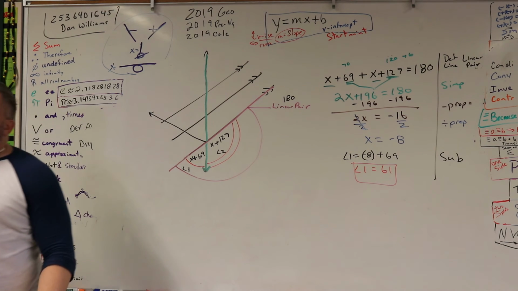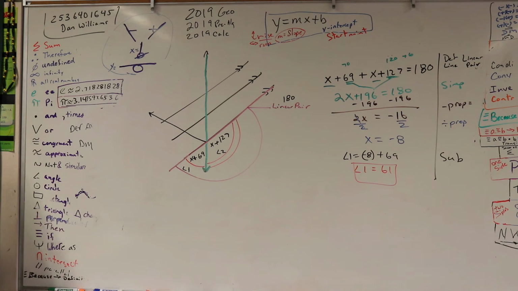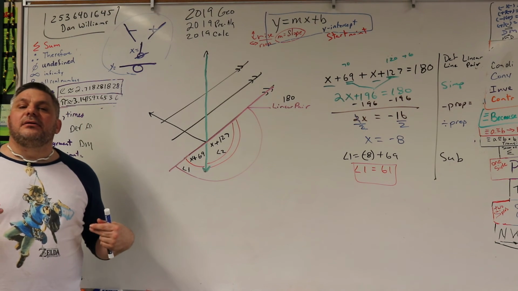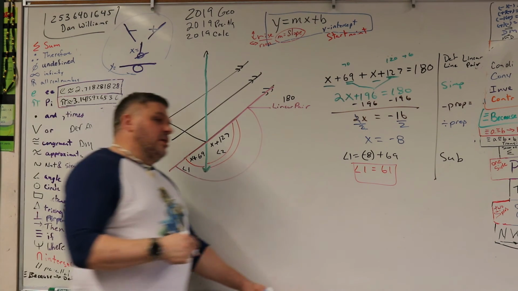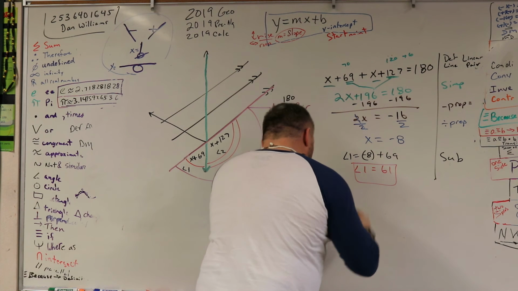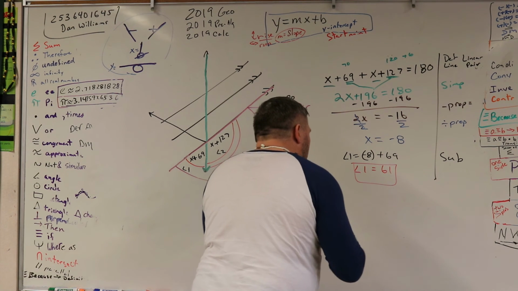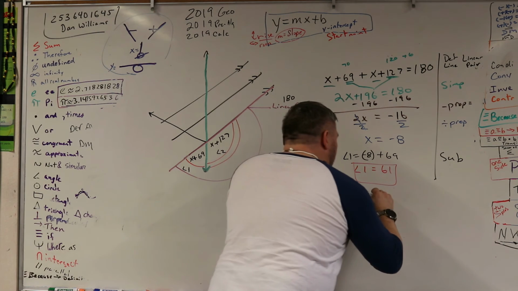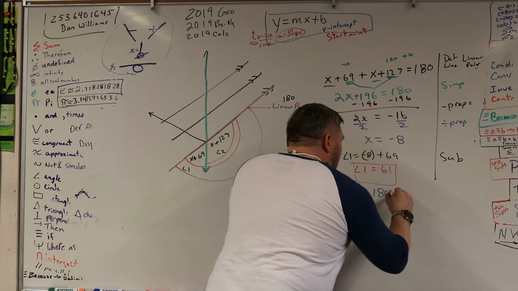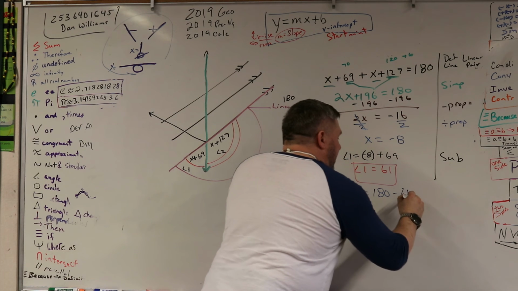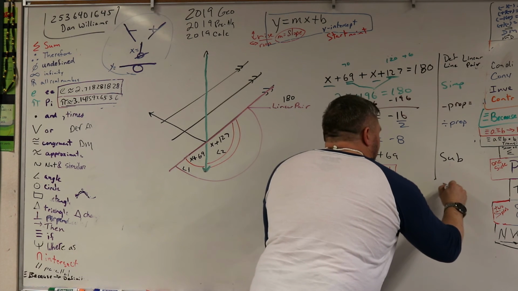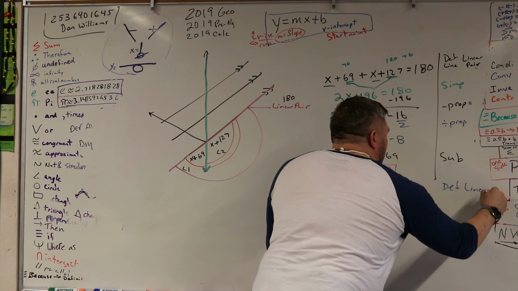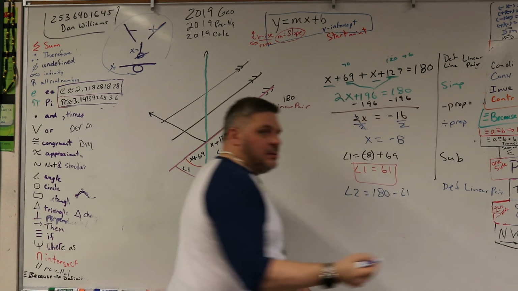Now there's 2 ways to find angle 2. You could plug it in, that's substitution, right? Or you could say angle 2 is equal to 180 minus angle 1, which is definition of a linear pair, right?